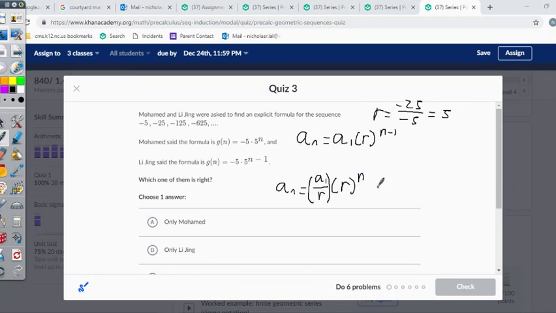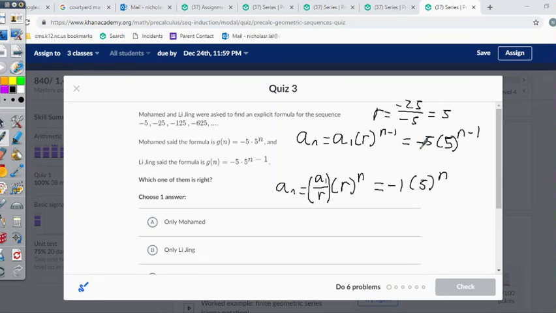So let's plug in both of these. a1 is negative 5 times r, which is 5, to the n minus 1, or you can have a1 over r, which is negative 5 divided by 5, so it's going to be negative 1 times 5 to the n.